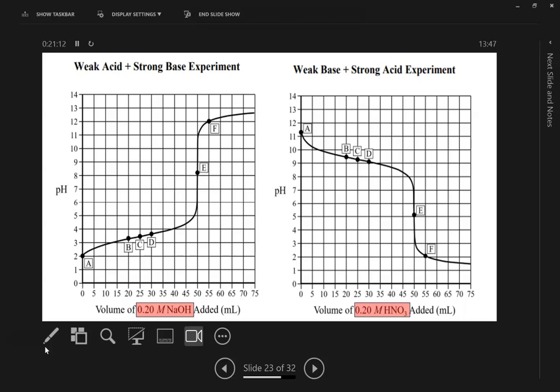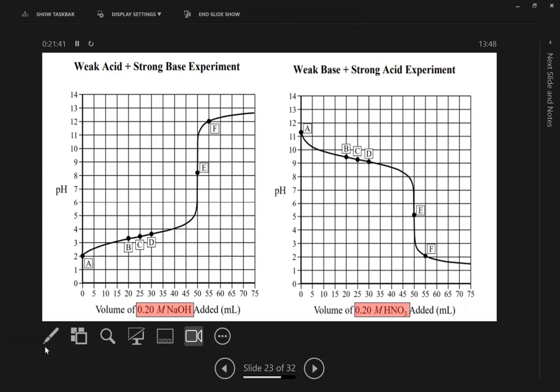We compare what's on the right. We start out with a weak base that is in fact roughly a tenth, even less, maybe a 20th as strong as the weak acid in the first problem. So you see we started out with a pH that's definitely basic, but about 11.3 or so instead of closer to 12.